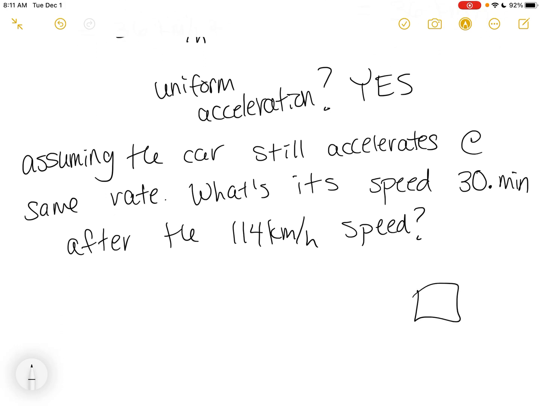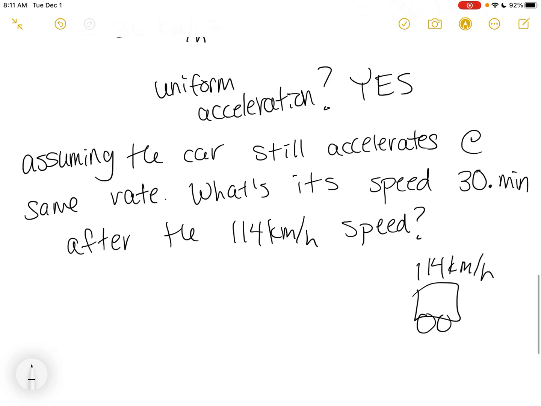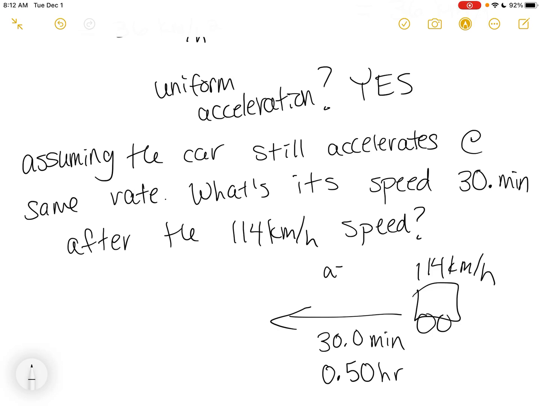Okay, so that means we have our car and it's going the 114 kilometers per hour, but we're gonna let it go for another 30 minutes, which I know is 0.5 hours, and it's going to accelerate at 36 kilometers per hour squared. And I want to know how fast it's going over here.